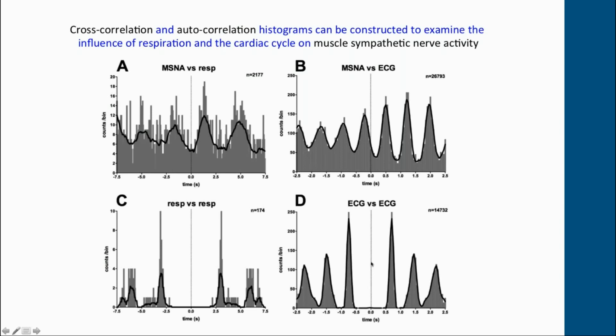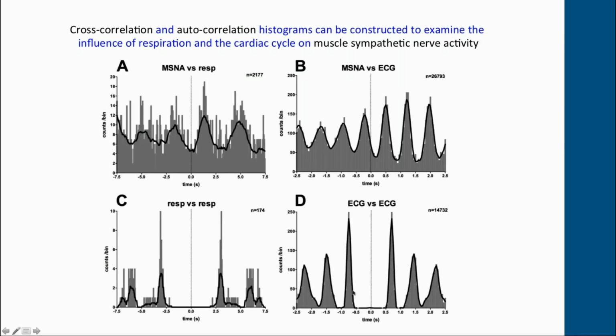Now, if this was a patient with a pacemaker, these peaks would be very tight, but because this is a healthy individual, there is some variability, normal heart rate variability, and we can see this in the broad peaks of the spike timing.